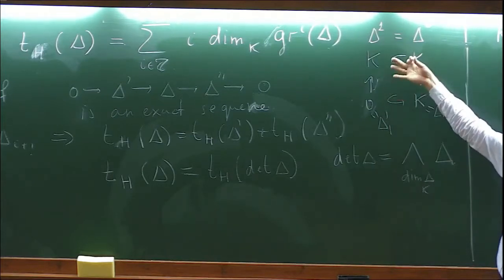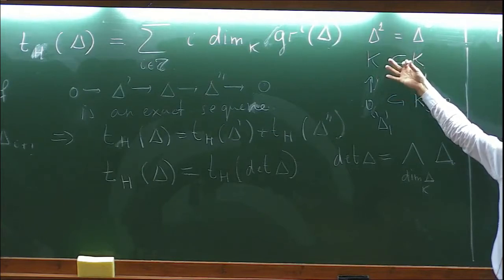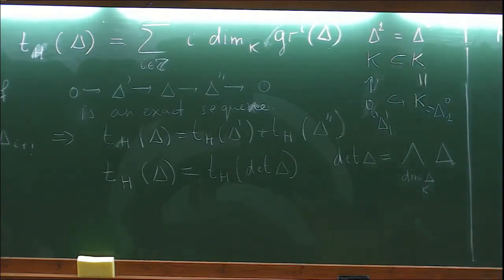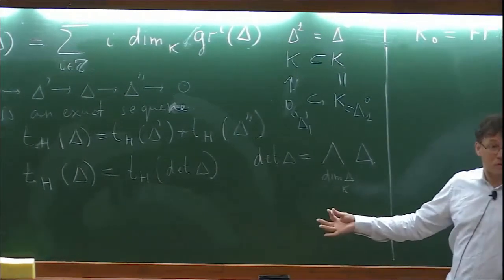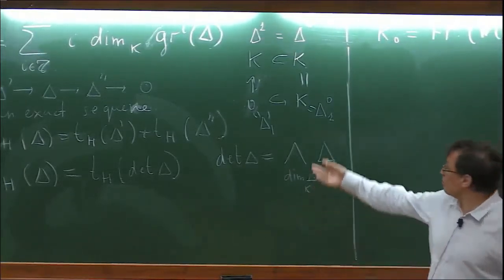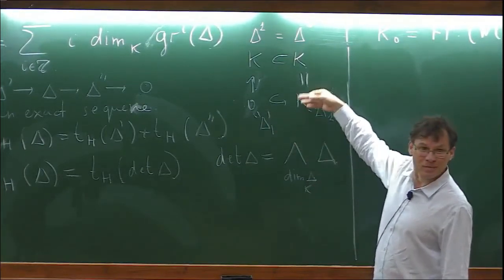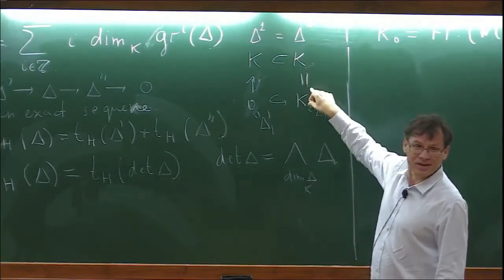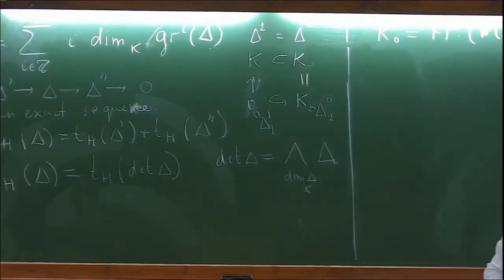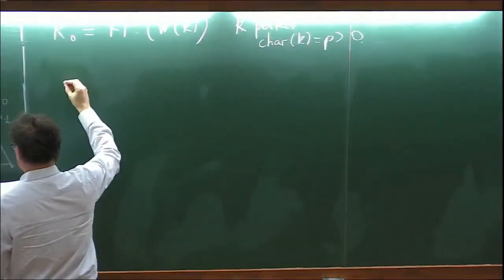You can find easily the kernel and co-kernel in the categorical sense, but the sequence will not be exact. The kernel is clearly 0 because we have the identity here. The co-kernel is also 0.